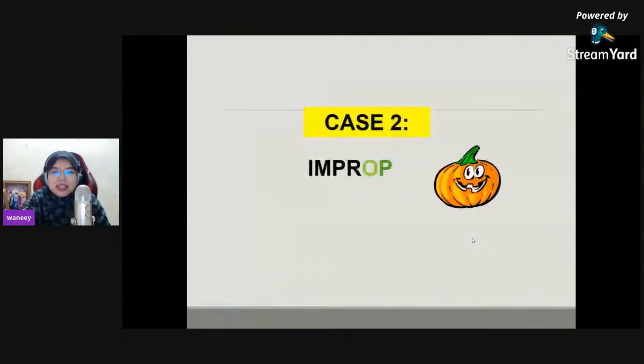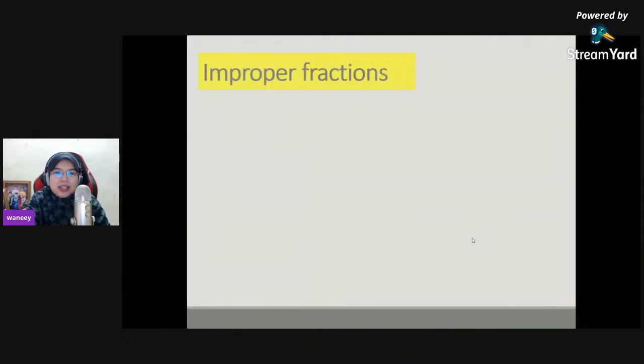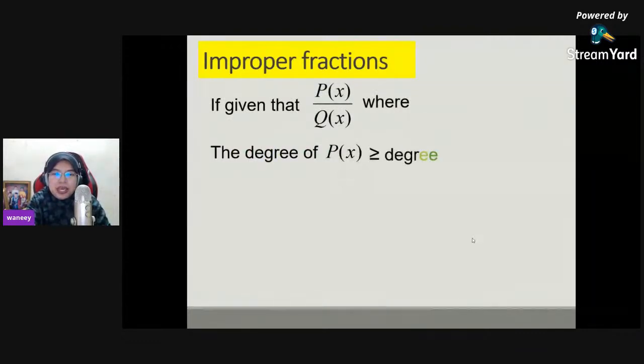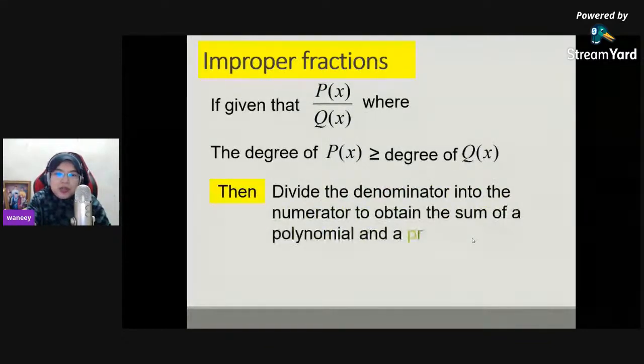Okay, next. So this is for the case for improper fractions. The improper fraction, if given that p(x) over q(x), where the degree of p(x) is greater than the degree of q(x), or the degree of p(x) is equal to the degree of q(x), then we are going to divide the denominator into the numerator to obtain the sum of a polynomial and a proper fraction.